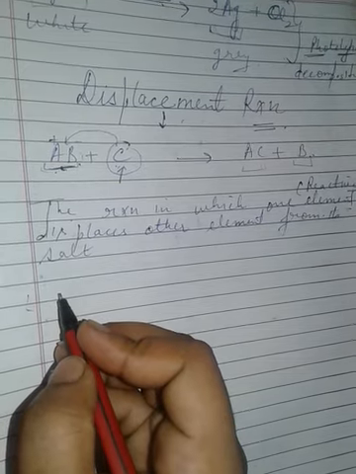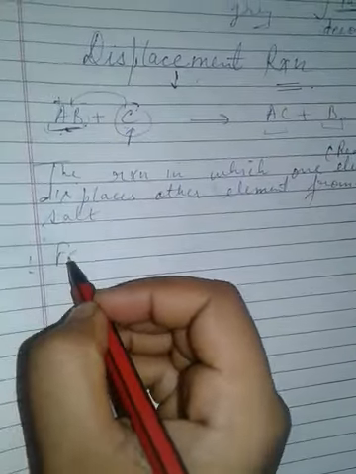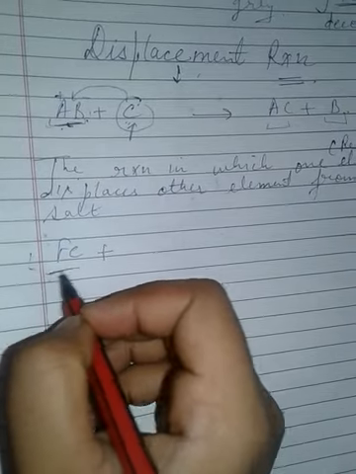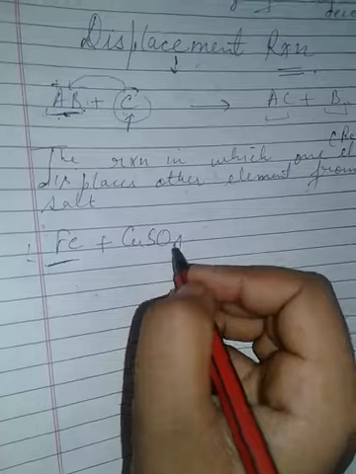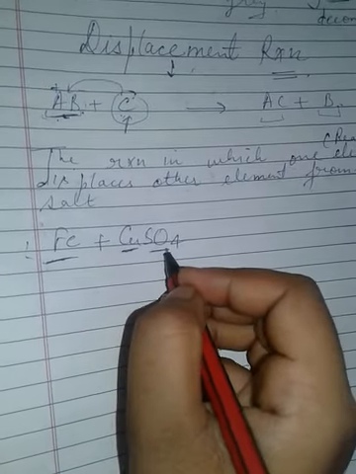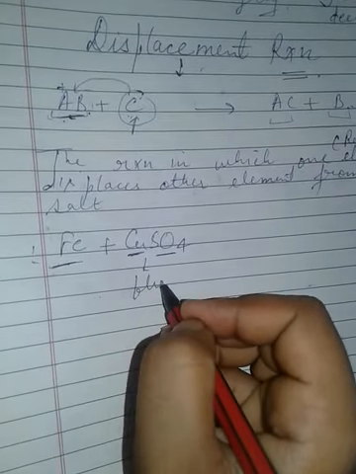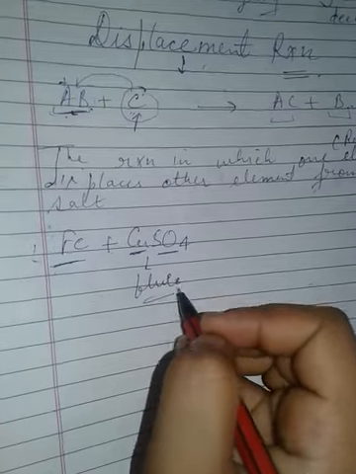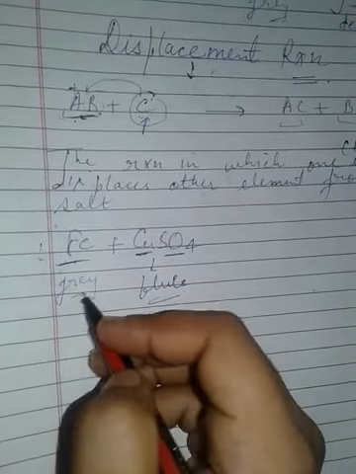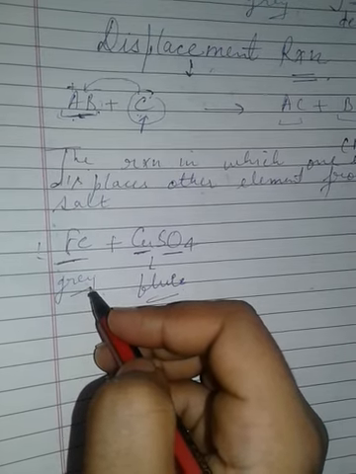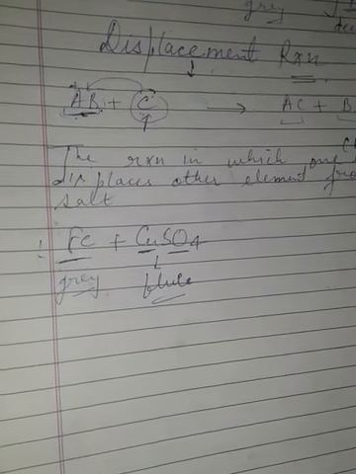Here I'm taking iron, Fe. If we dip iron nails or iron metal into a solution of copper sulphate, CuSO4, this solution is blue in color. Iron is usually gray in color if it is not rusted.